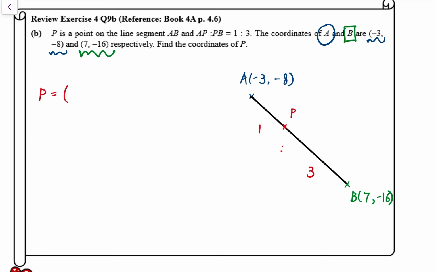The coordinates of point P, we take -3, which is the x-coordinate of A, times 3. Then we use 7 which is the x-coordinate of B times 1.